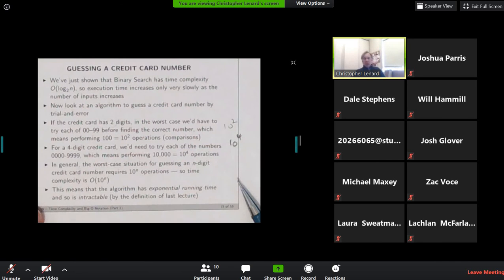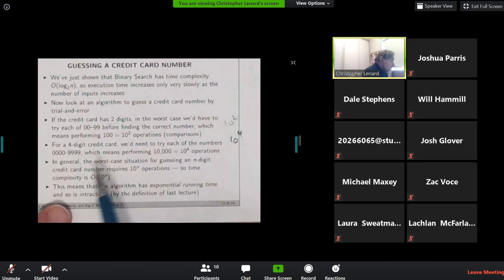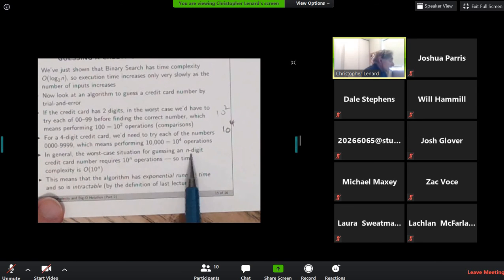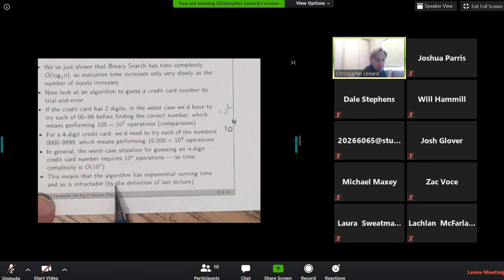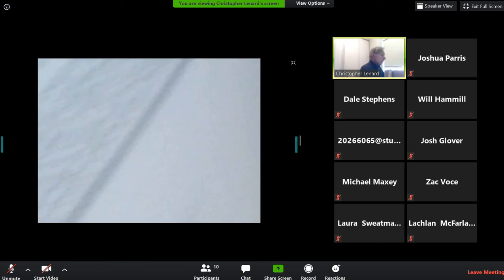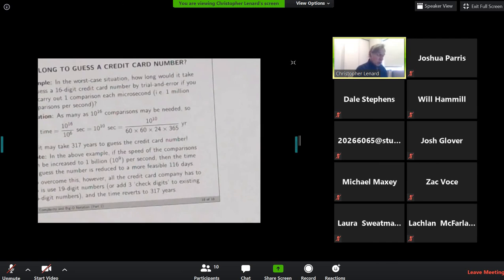And this is the whole point about cryptography: you want to make it difficult for somebody to go through every possible key or every possible password. What's the worst case if you've got n digits? It's 10 to the n possibilities, or 10 to the n operations, which is exponential, which means that it's just going to take you a long time to try and guess something, unless you're really lucky, but you never know that you're going to be.